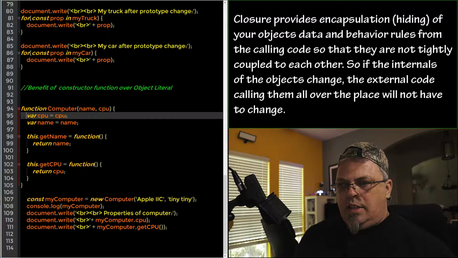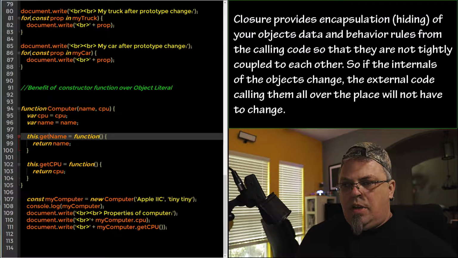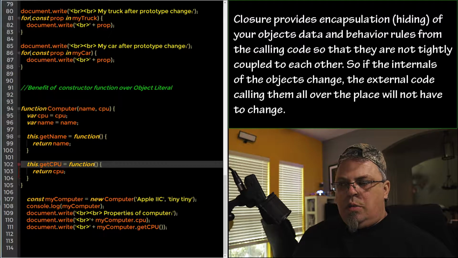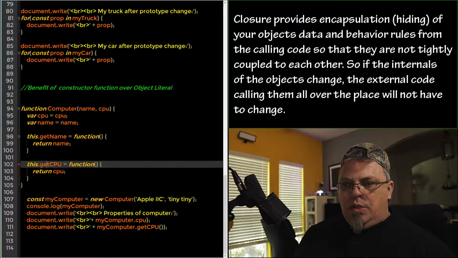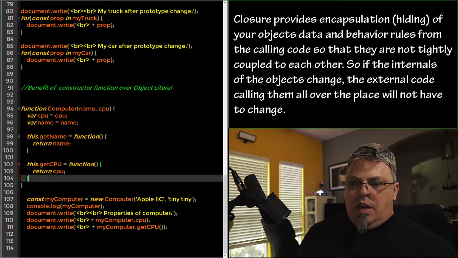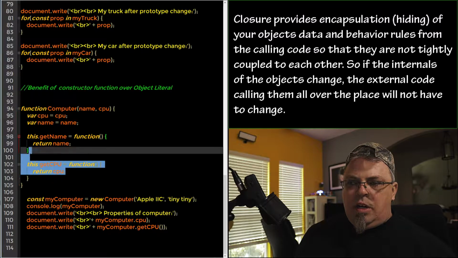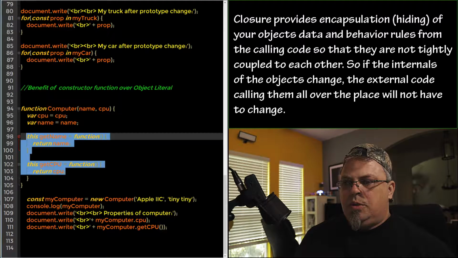I'm hiding these variables, and here I'm doing this dot getName and this dot getCPU, and I'm assigning a function. This function is available to calling code, and this function will allow the calling code to get to those variables and read them, but the calling code cannot change those variables, right?